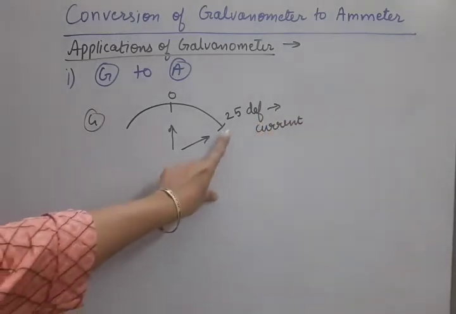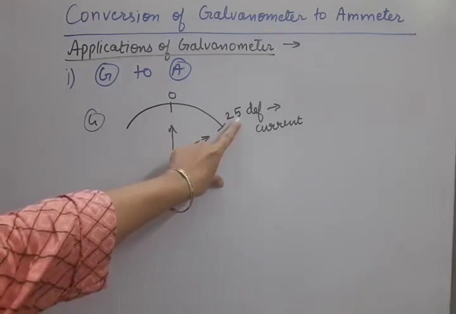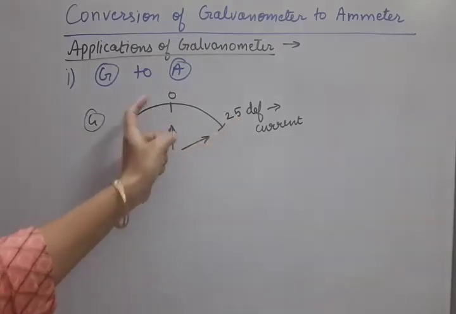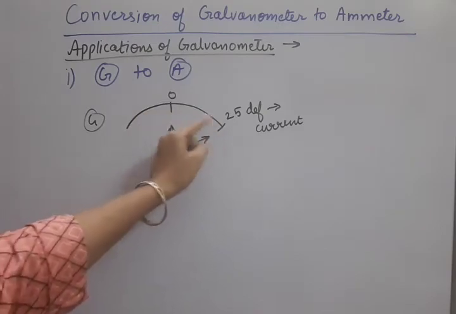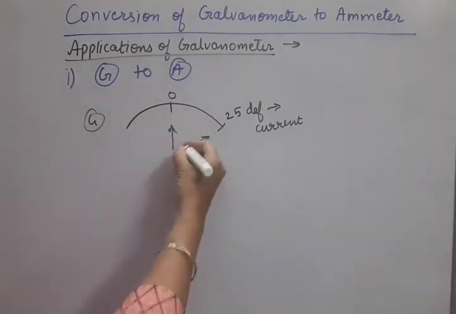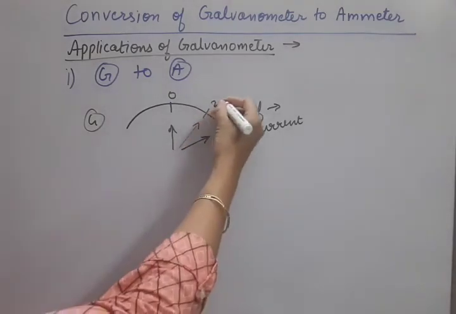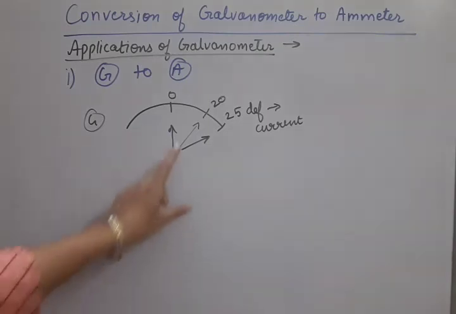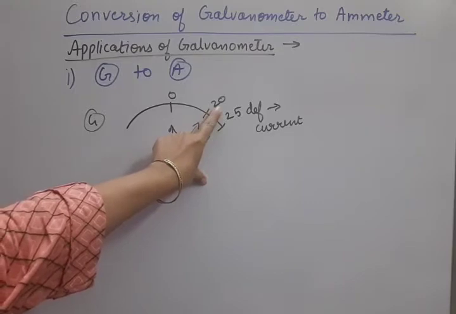So we can calibrate the scale in such a manner that we already know that if the pointer is showing 25 deflection, that means how much current was passed through the coil of the galvanometer. In the same manner, if the pointer is showing some other deflection, suppose deflection 20, then we will already know by passing how much current the deflection comes to 20.